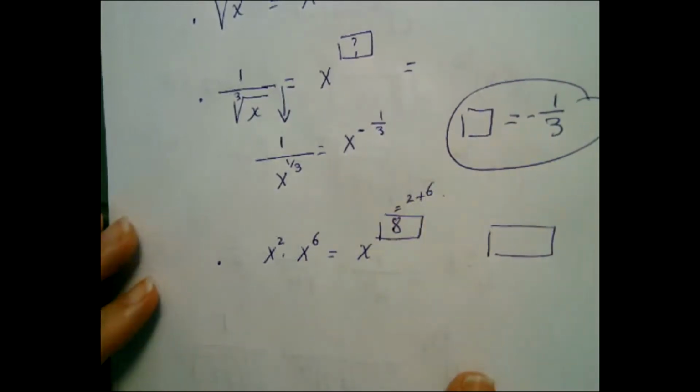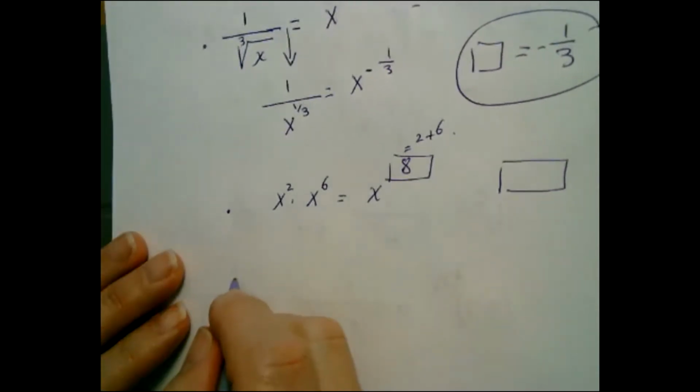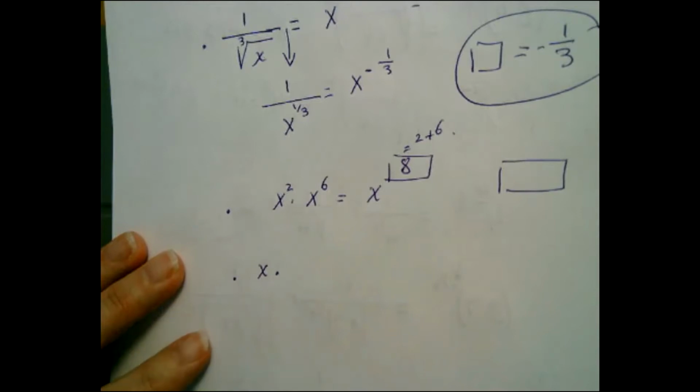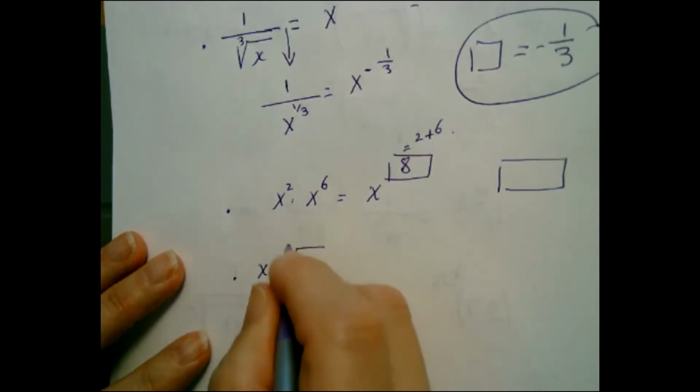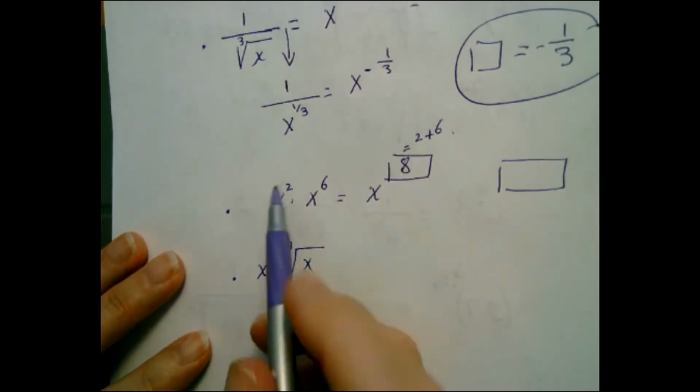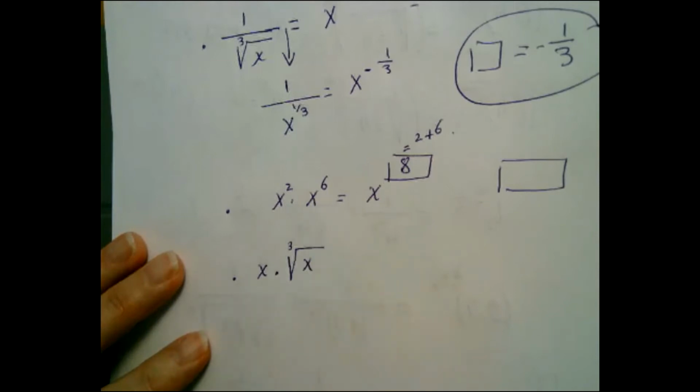Okay, now let's make it a little bit harder. Suppose I'm going to take x and multiply it by the cubic root of x. Even though I showed you the law of exponent for simple integers, those laws apply even if our exponents are negative or fractional.